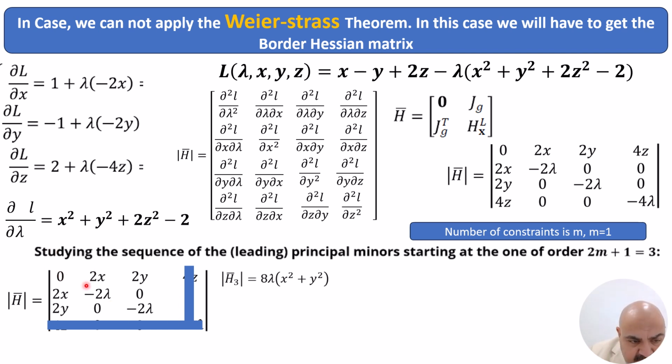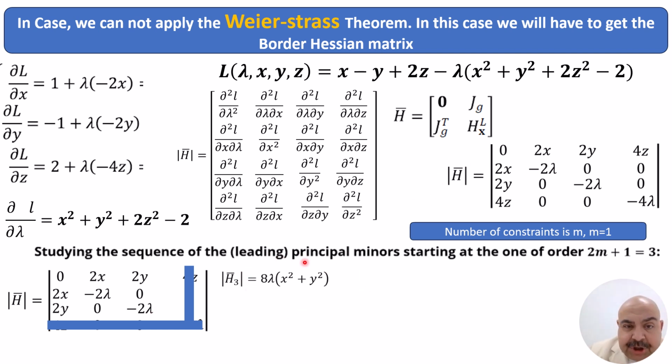Of course, using Sarrus's rule, 2x times 0 times y is going to disappear. 2x times 0 times 2y will disappear. Then negative 2 lambda times 2y times 2y develops 8 lambda y square. In a similar manner for the elements on the secondary diagonal, multiplying 2x times negative 2 lambda times 2x will develop, with a negative sign, 8 lambda x squared. So it can be summarized to this form.